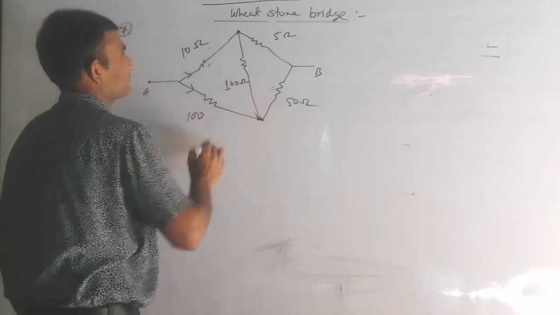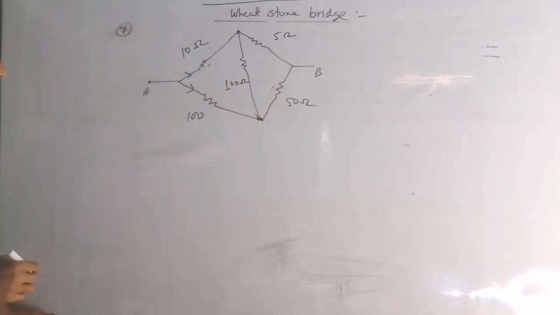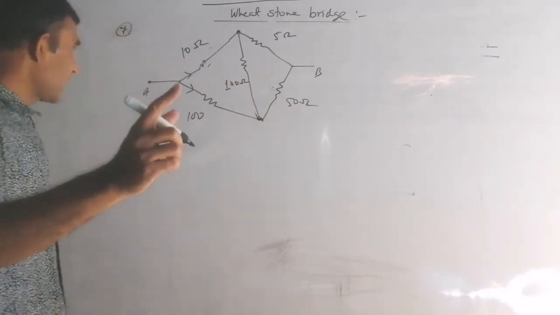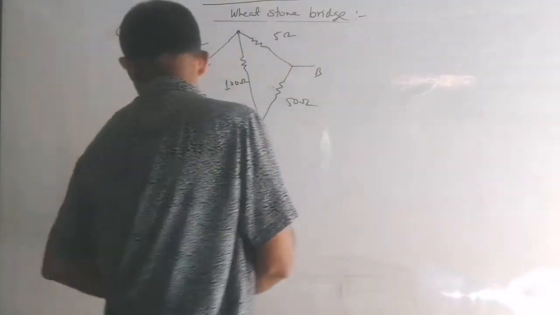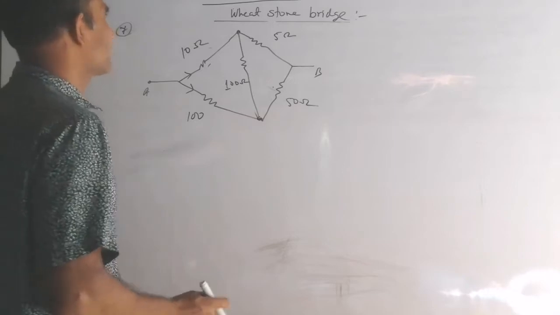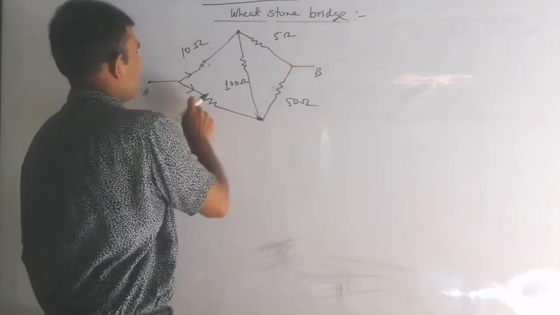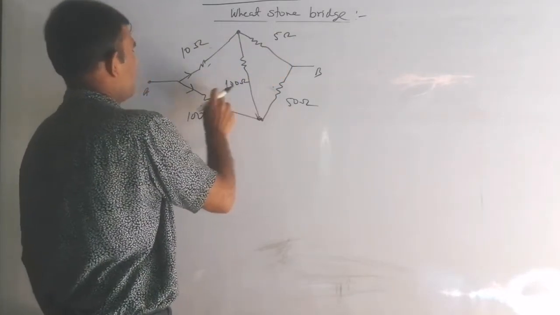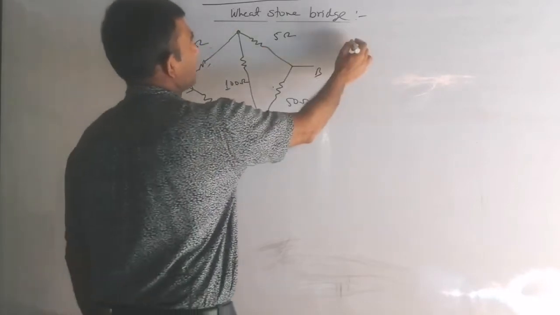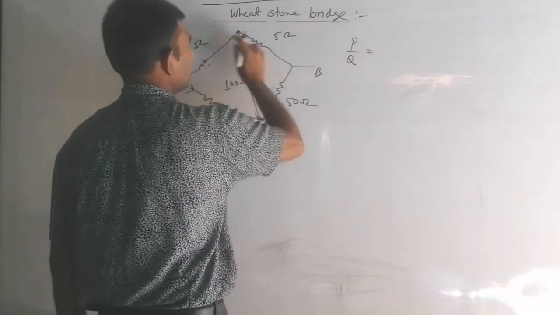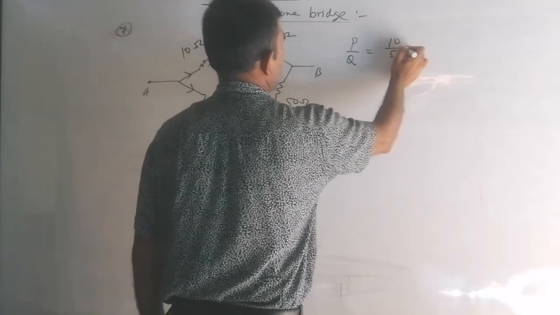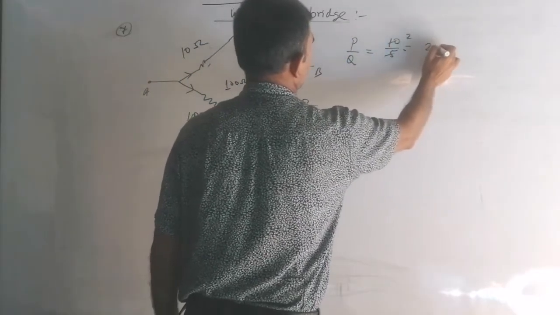So how will you solve this question? Again, when you see a figure like this, always think that it is the Wheatstone bridge principle. The first thing you will do is check the condition P upon Q and R upon S. If this is P, then P by Q is 10 upon 5, so you are getting 2.